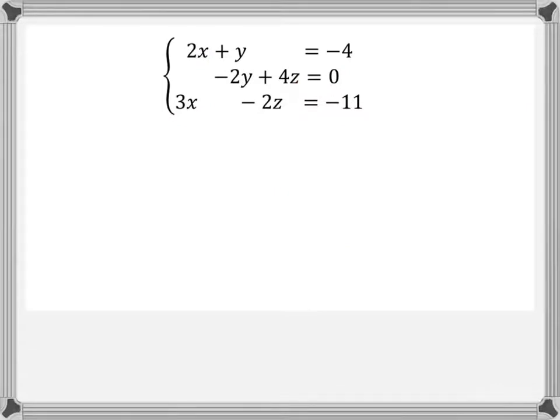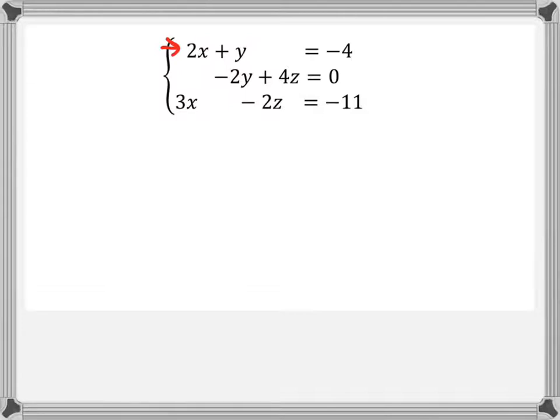Okay, so let's look at a larger system like we had on our first slide. This is a 3 by 3 system, or a system of 3 equations with 3 variables. I can use a variety of methods on this as well. I can use substitution, I can use elimination, I can use a combination.